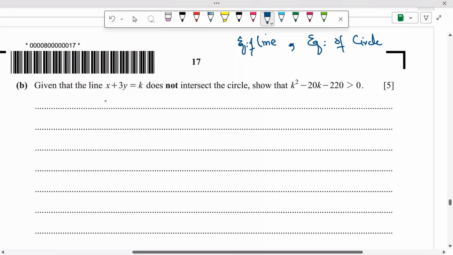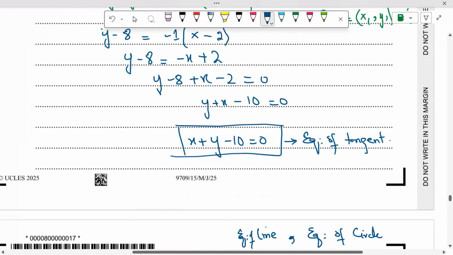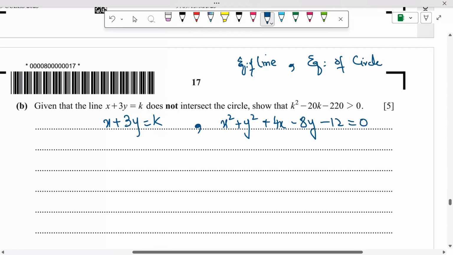So we have the line equation, which is x plus 3y equals k, and the circle equation, which is x squared plus y squared plus 4x minus 8y minus 12 equals 0. If this line does not intersect the circle, we do not find any solution when we solve them simultaneously.